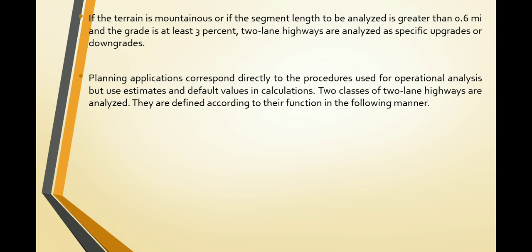Planning applications correspond directly to the procedures used for operational analysis but use estimates and default values in calculations. Two classes of two-lane highways are analyzed. They are defined according to their function in the following manner.